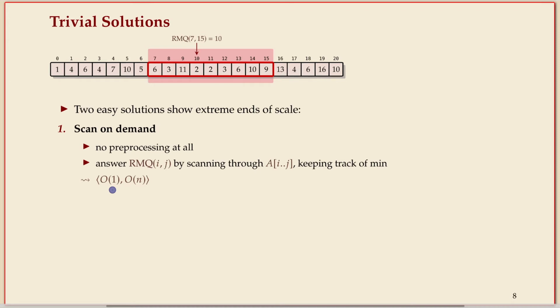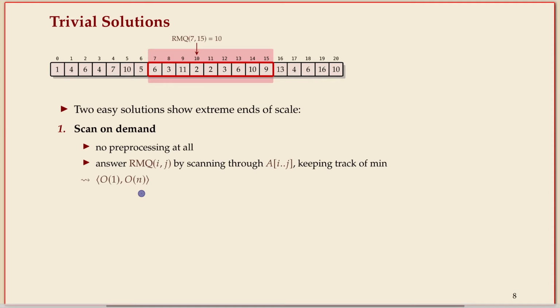So if I then ask you at query time for the entire range, it must scan the entire range again. Otherwise, I can smuggle in a minimum at a position that the algorithm hasn't looked at, and so then it wouldn't be correct. So any correct algorithm with little O of n pre-processing time needs to have this query time. Then I can also just do nothing at pre-processing if that's the same worst case, right?